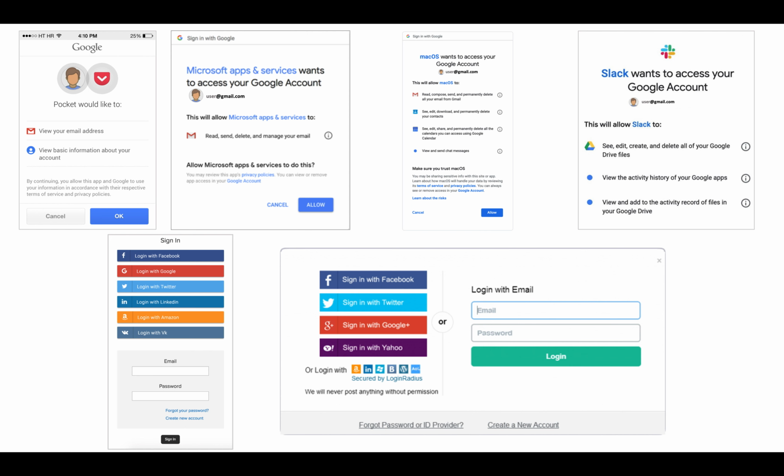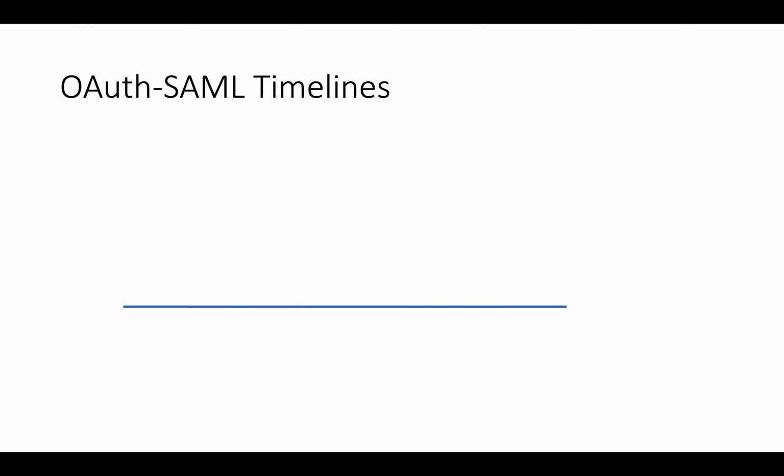Let me show you some timelines. SAML was introduced in 2002 to provide single sign-on, that is SSO, to corporate users. It was the very first of its kind. After a few years, in 2006, OAuth was introduced to solve some of the challenges of non-corporate, that is individual, users.